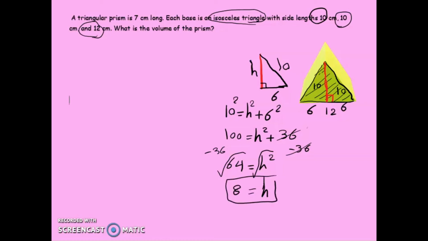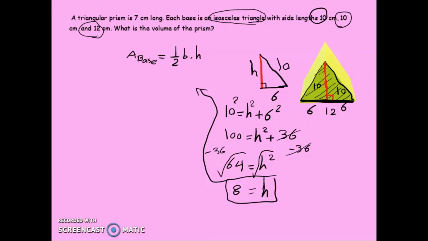Now you have this, you can calculate the area of the base. Because this is a triangle, the area of the base is half of the base times height. Back to our question here. The base of this green triangle is 12, agree?